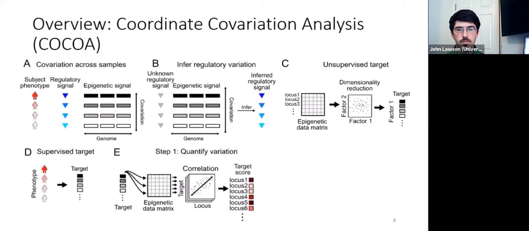So we want to see how the variation in the epigenetic data relates to the variation in the target variable. So we can use one of several metrics, such as correlation, to see how the signal in each region in the genome correlates with our target variable. And based on that, we give each locus a score.